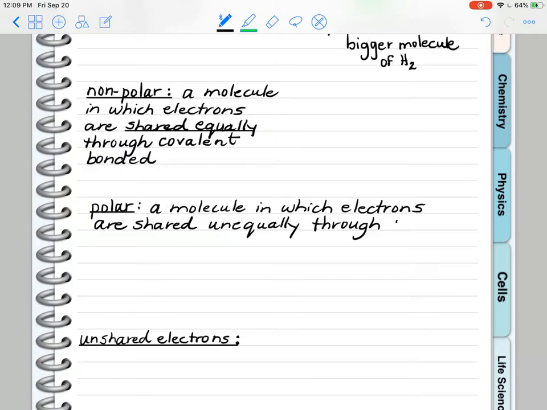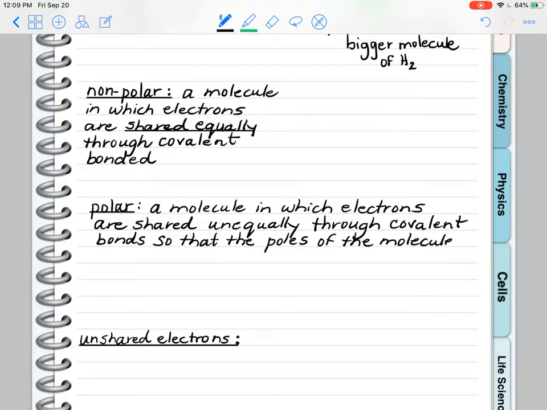That doesn't change because that's sharing electrons. So that the poles of the molecules, and poles are just the ends, are slightly positive or negative.